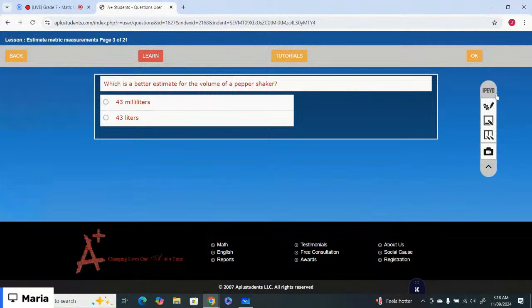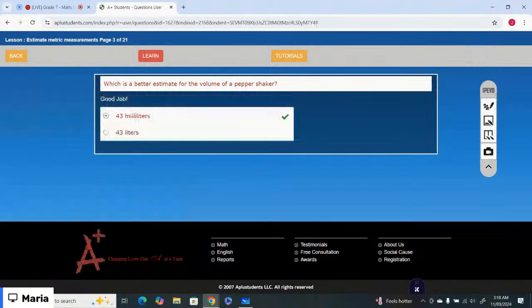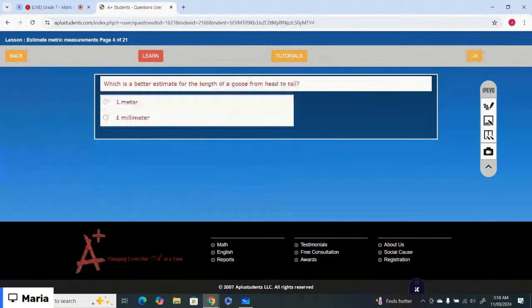That is 43 milliliters because 43 liters is too much for the paper shaker, right? Which is a better estimate for the length from head to tail? So which is the correct option?